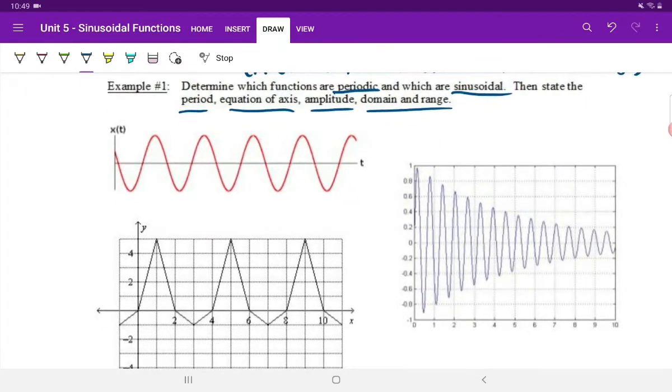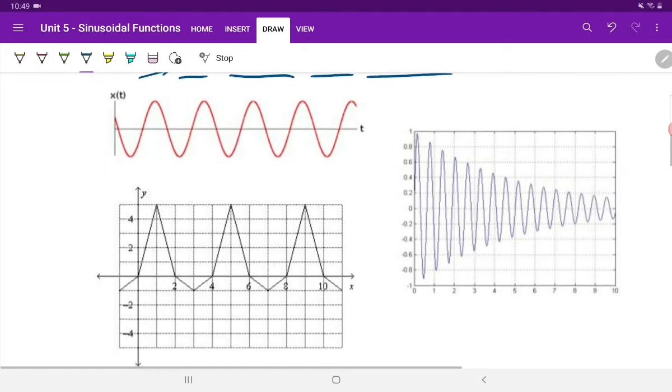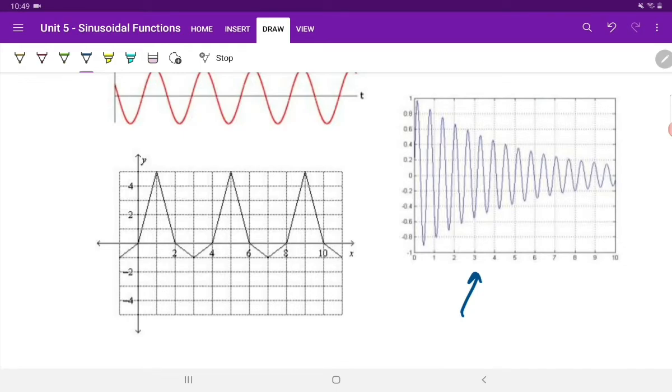Okay, if it's neither periodic or sinusoidal, you won't be able to find all of these items, right? For example, let's start with the elephant in the room. Is this example here periodic? And if it is periodic, is it sinusoidal specifically?